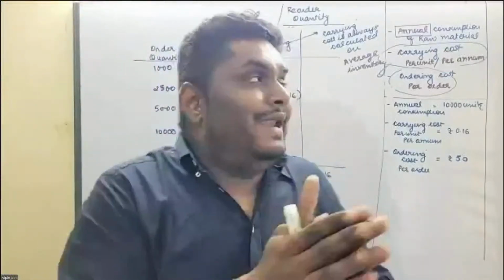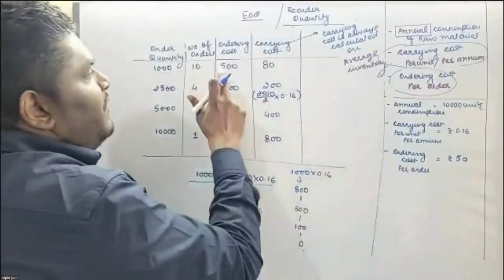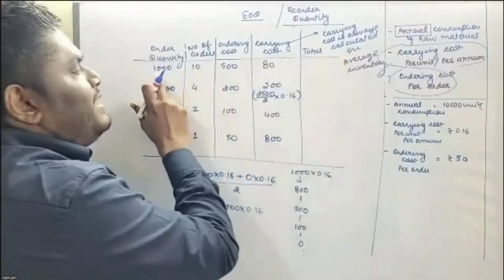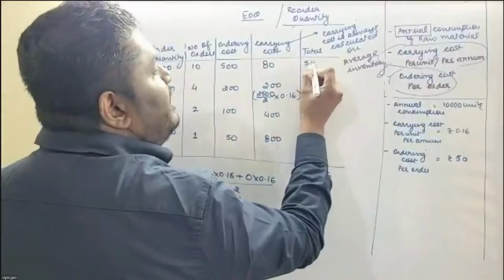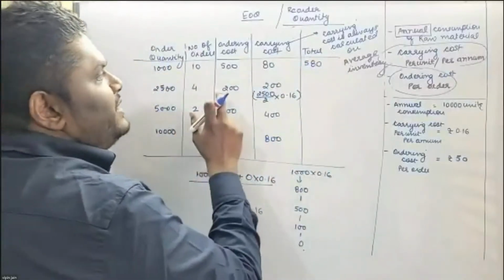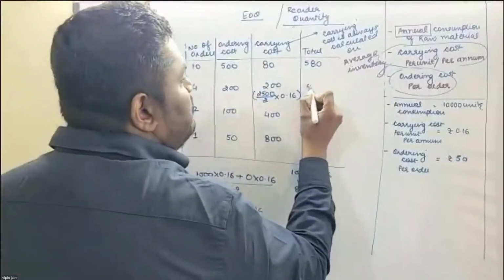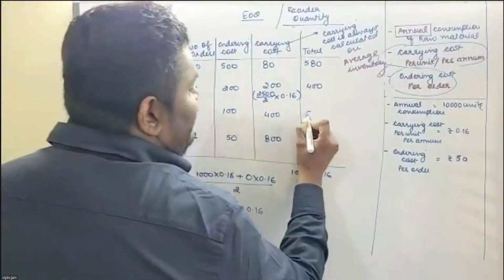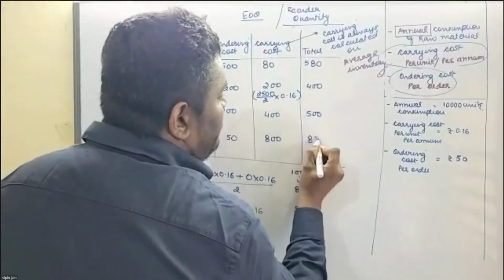So now let's calculate the total cost, 500 plus 80. If we order 1000 units, my carrying cost and ordering cost is 580. If we order 2,500 units, my ordering and carrying cost is how much? In total, 400. 100 plus 400, 500 and 850.